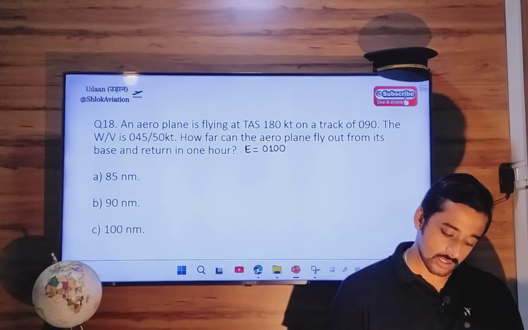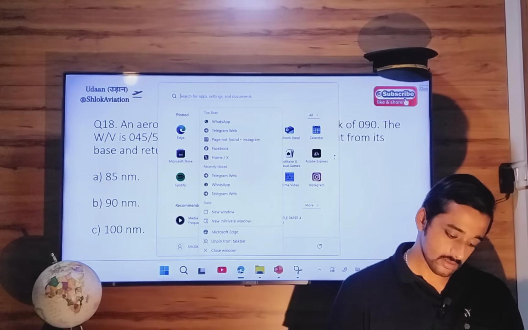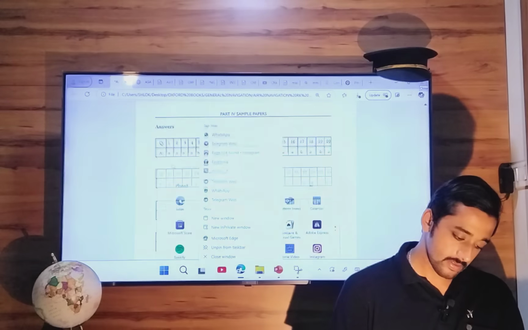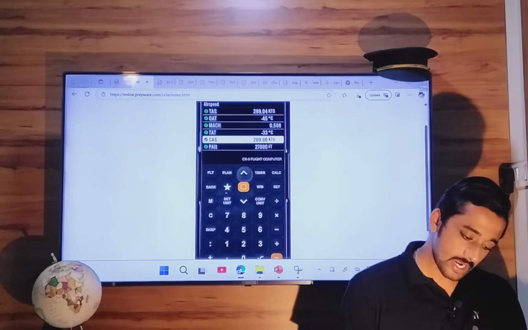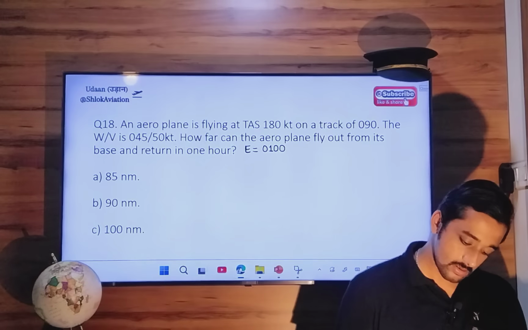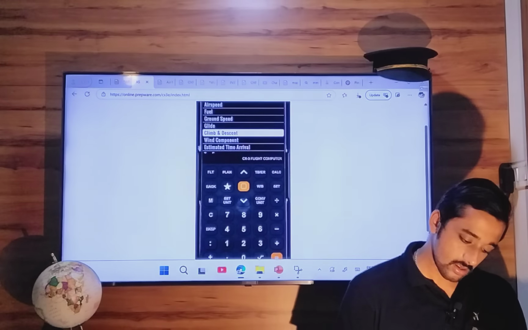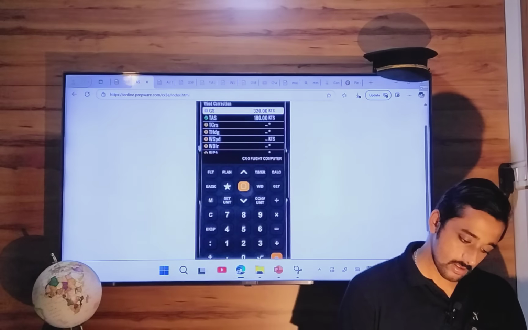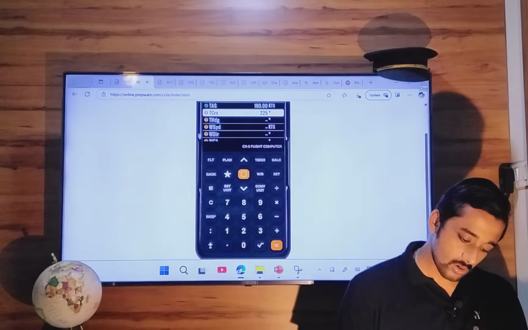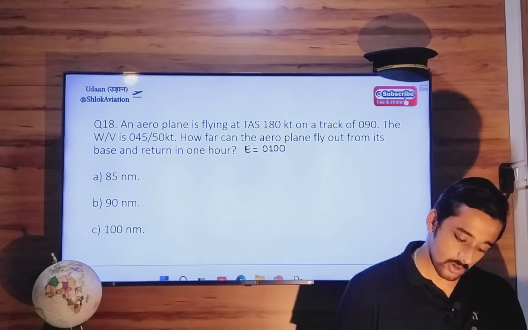TAS is 180 knots. Let's use CX3. TAS is 180 knots. True course is 090.